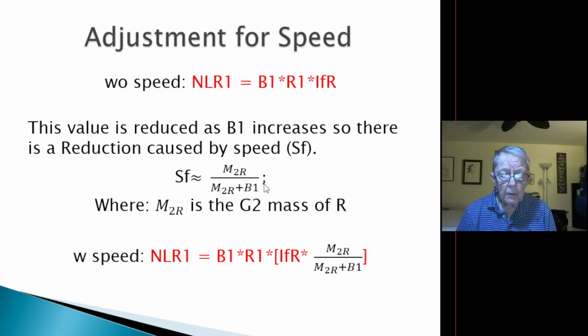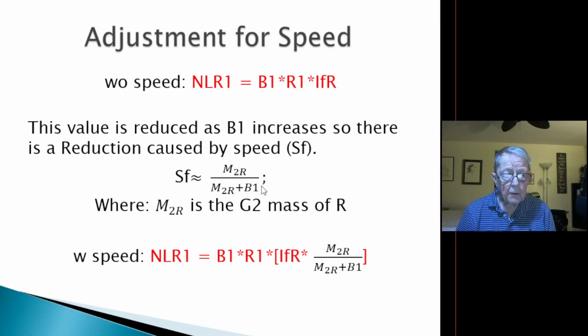If the number of G1s going through the resistor is 0, the ratio of this is 1, and the speed isn't reduced at all. The particles go through much more easily. It's the same as if there were none, but you don't have any B1s coming through anyway.